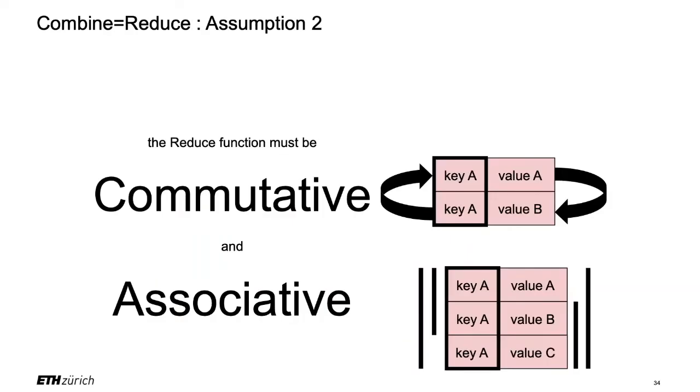So it shouldn't matter in what order you call the reduce. And it also shouldn't matter how you associate. So associative means you first reduce the first two keys and then you reduce the result with the third one, or you first reduce the second and third one and then combine the first one with the result. So commutative and associative. Do you think that it implies homomorphic?